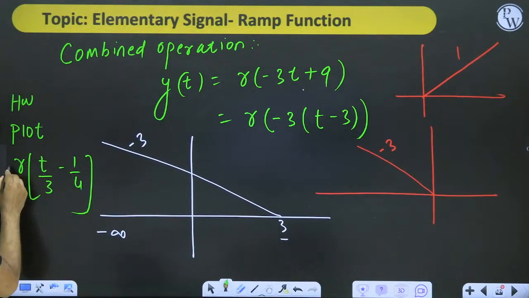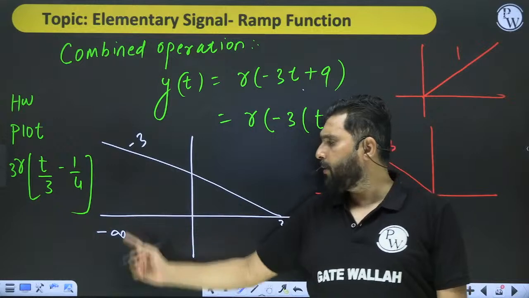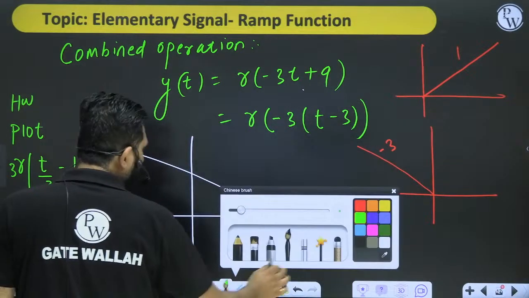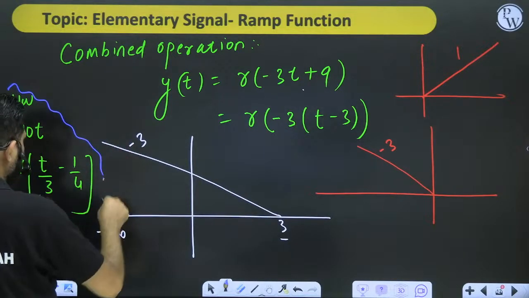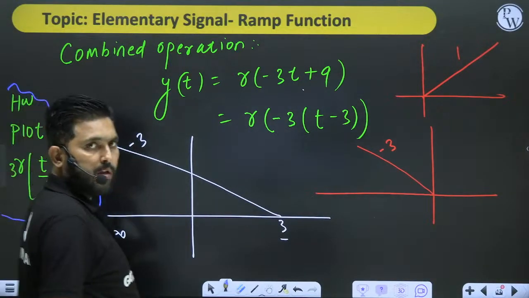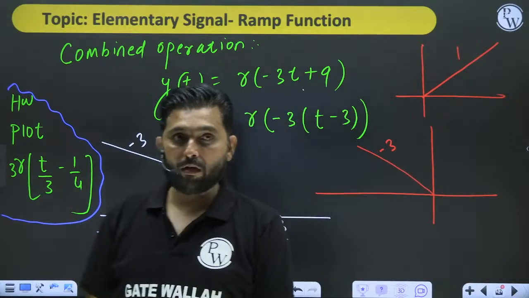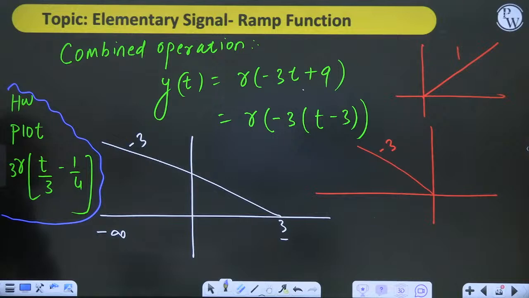Here, let's consider it to be 3, so 3 r of t by 3 minus 1 by 4. Plot it. This plot you have to find out. This is the homework for you, the second homework of today's class.